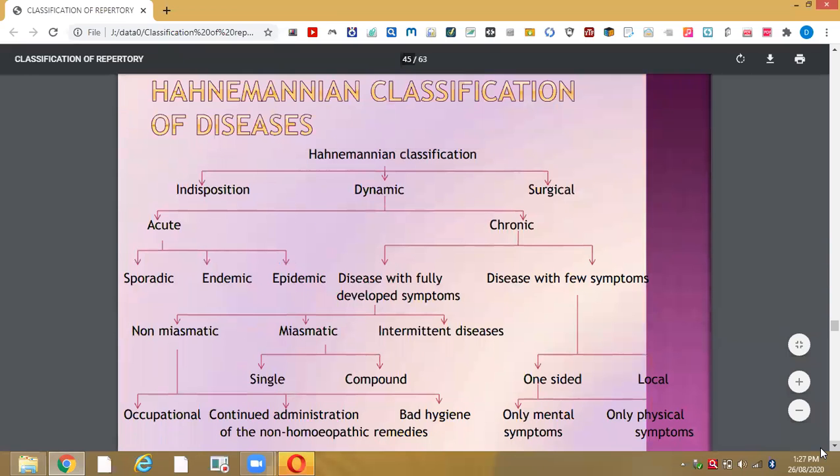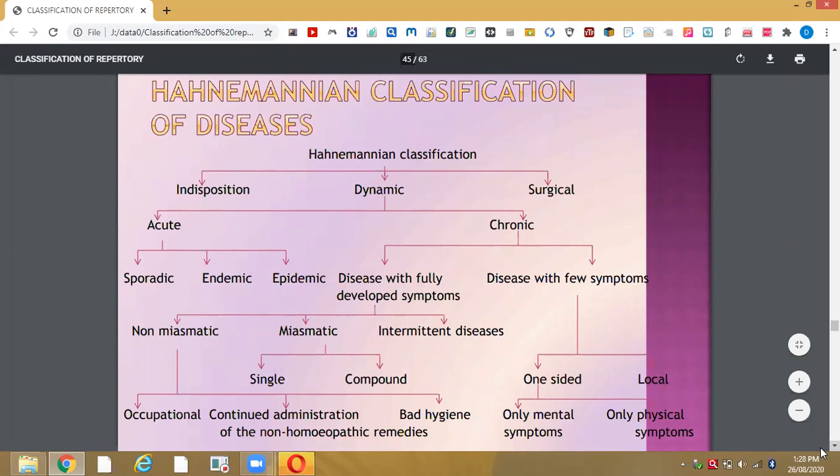Hahnemannian classification of diseases. So Hahnemann classified the diseases into indisposition, dynamic, and surgical diseases. Then dynamic diseases may be acute or chronic. If it is acute, then it may be sporadic, endemic, or epidemic.